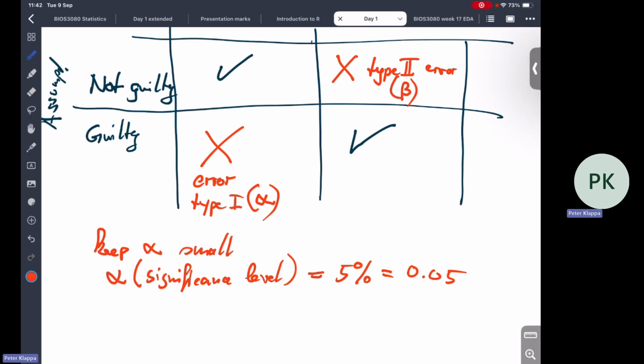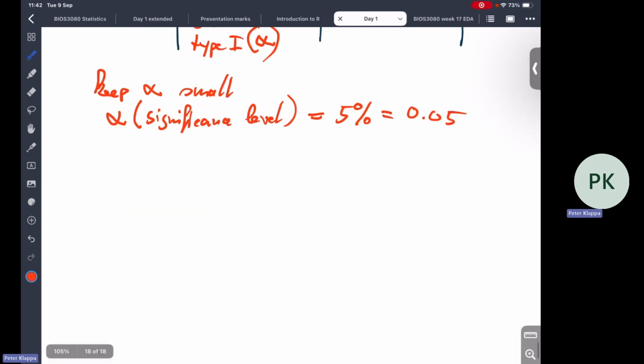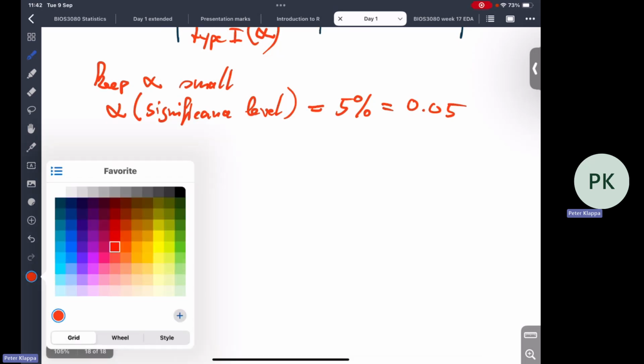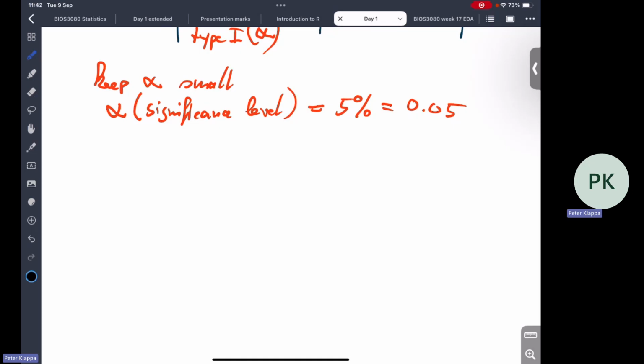Makes sense? And that is exactly what we talk about when we talk about the confidence level.